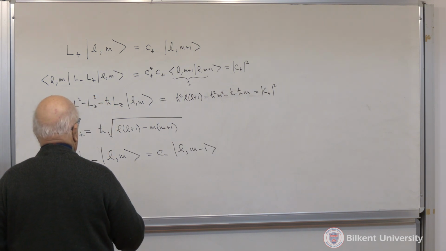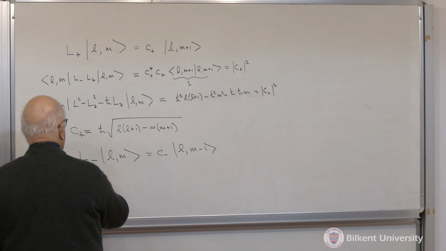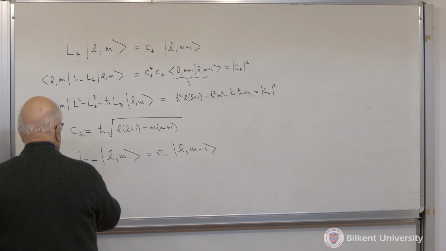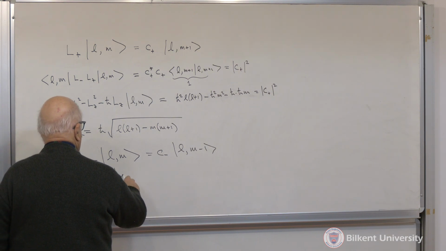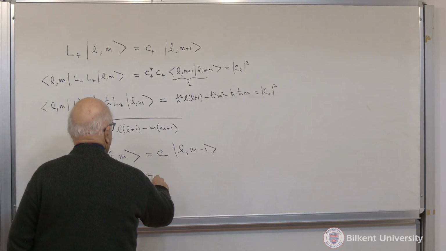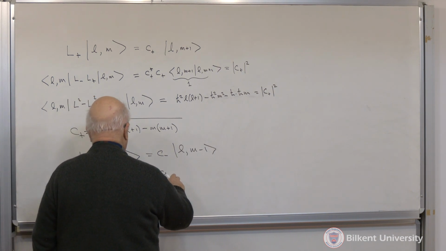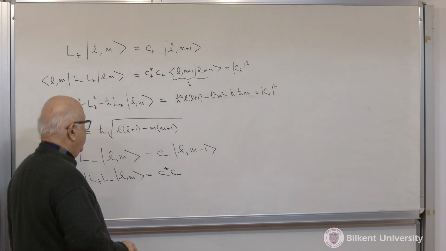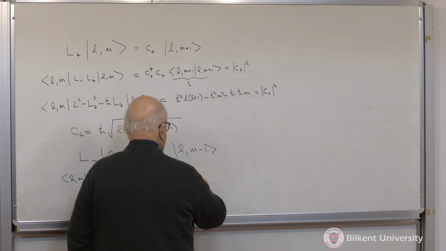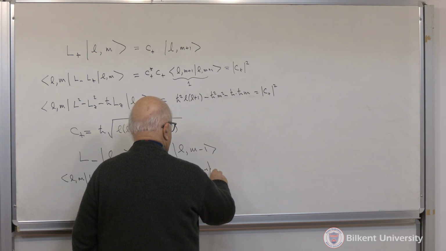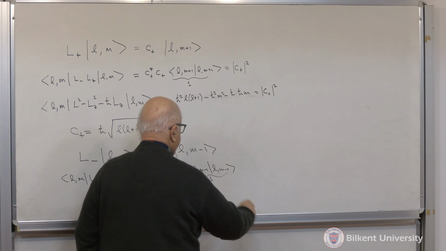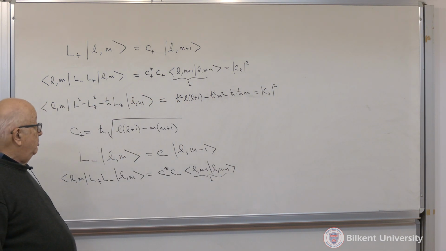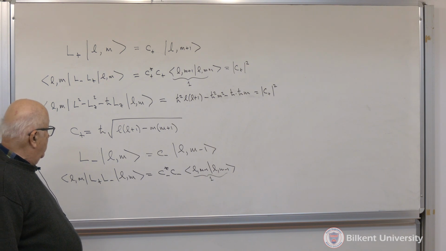Now, if I just find the magnitude of this, it's going to be L plus L minus on l m, which equals C minus complex conjugate times C minus, and then I have l m minus 1 with l m minus 1. But the whole idea is, again, to get these things equal to 1, so I'm going to put 1 in there.